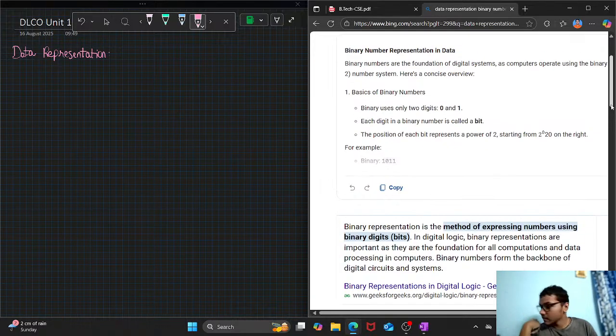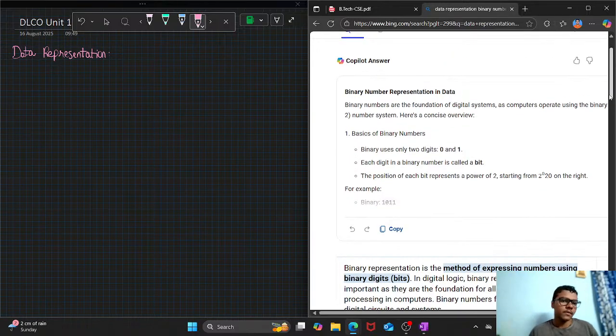It is the way of representing using binary bits. I think we have the DLCO notes here. I think we already know this before, but I'm just writing it here.